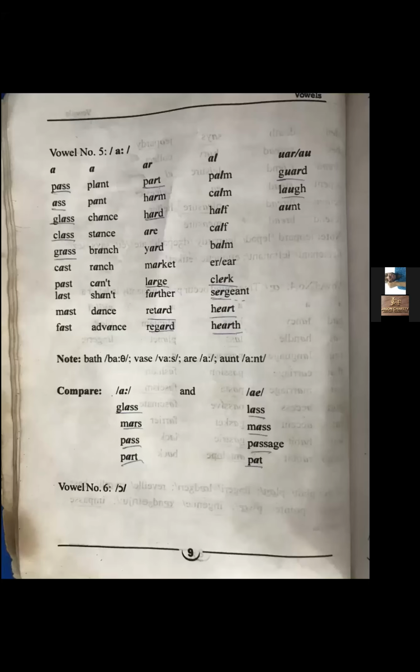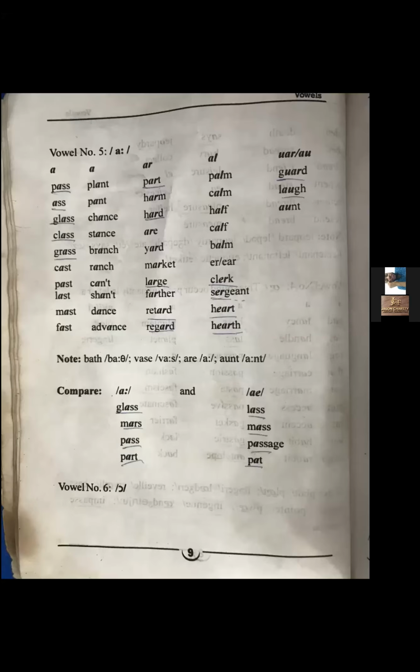So this one is pronounced ah. And it can be articulated with the letter A and the letters AR and AL and UAR in different words, or AU, depending on the word.